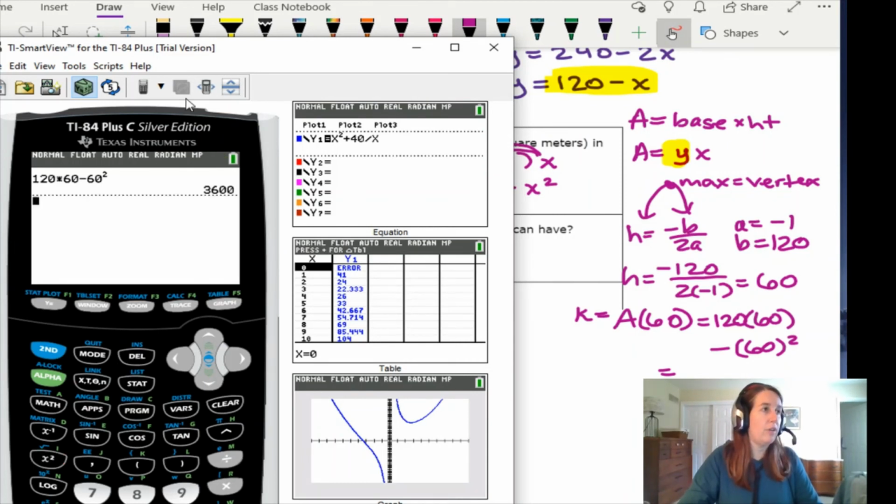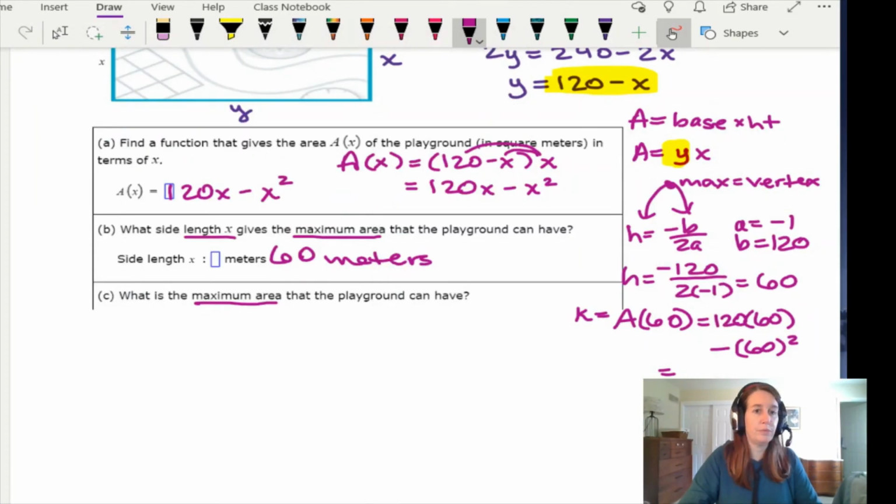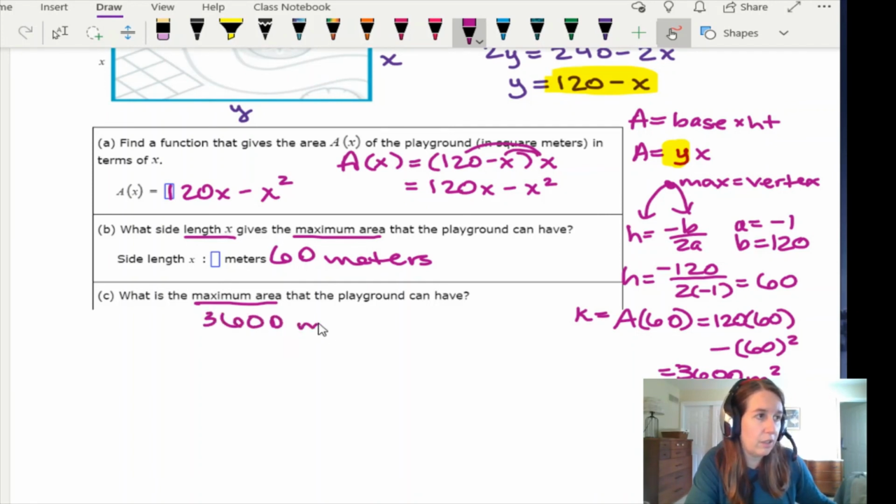So I got 3,600. Since it's area, it's going to be meters squared. And you know what, this got a little bit cut off, but it did say square meters there. So the maximum area is 3,600 square meters.